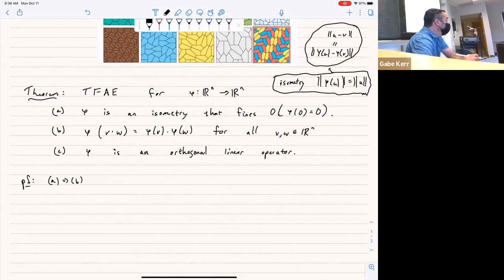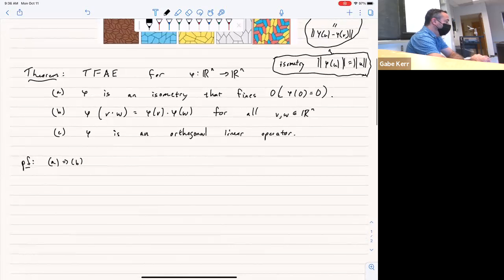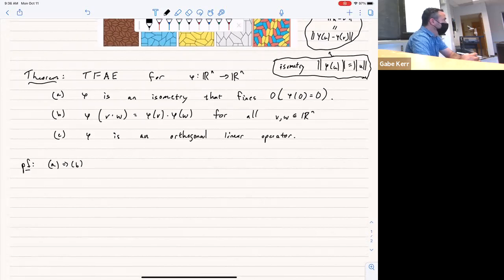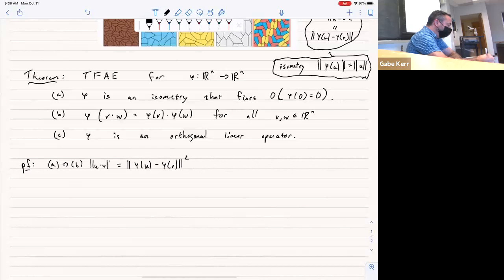So this is a trick we use to prove that formula: take U plus or minus V and square it. We know that phi of U minus phi of V, squared, is equal to U minus V, squared.